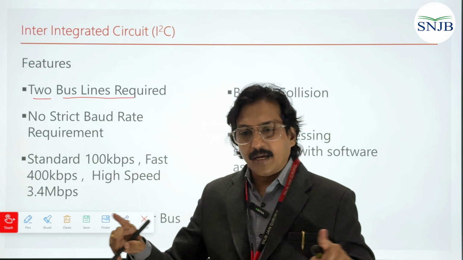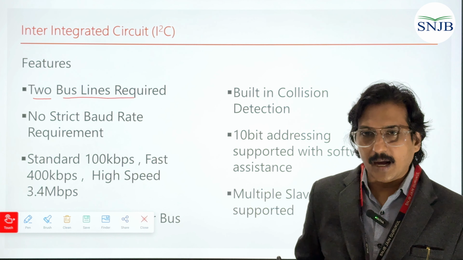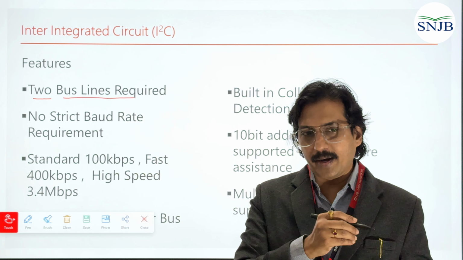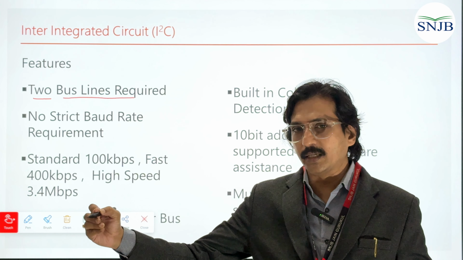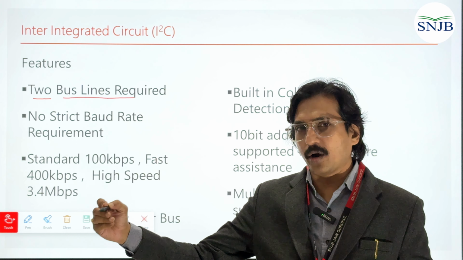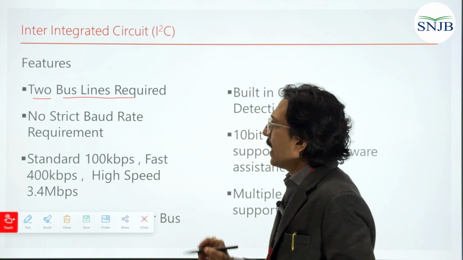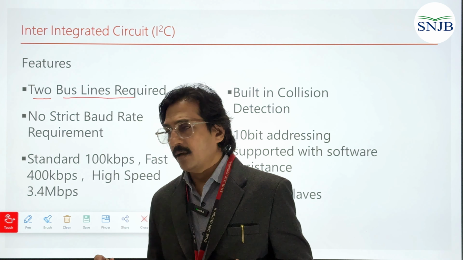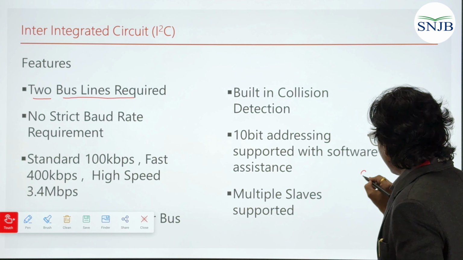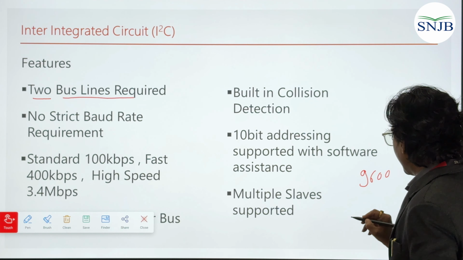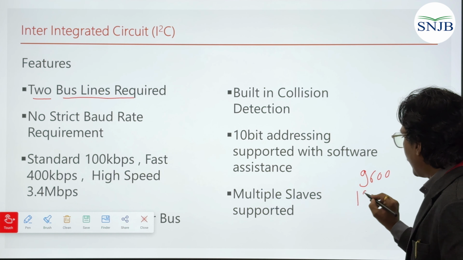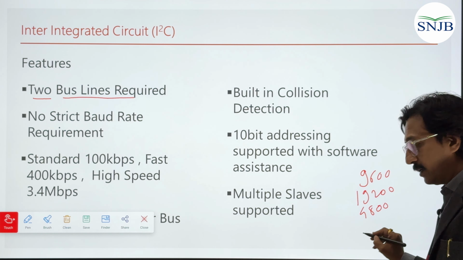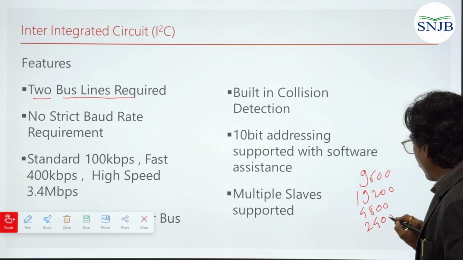As far as serial communication is concerned, you are aware of baud rates, that is bits per second: how many bits are propagated from one end to the other end through one channel. So it is treated as a baud rate. But as far as I2C is concerned, there are no strict baud rate constraints. For example, standard baud rates are 9600 bits per second, 19200 bits per second, 4800 bits per second, 2400 bits per second, likewise.